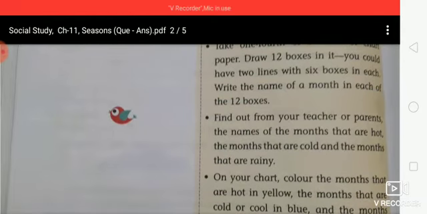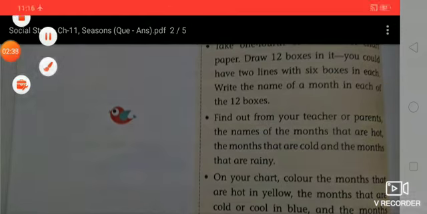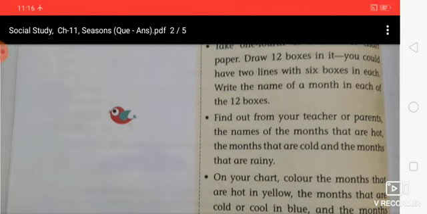Find out from your teacher or parents the names of the months that are hot, the months that are cold, and the months that are rainy. Teachers and parents will help you write the months' names. Hot months: April, May and June.